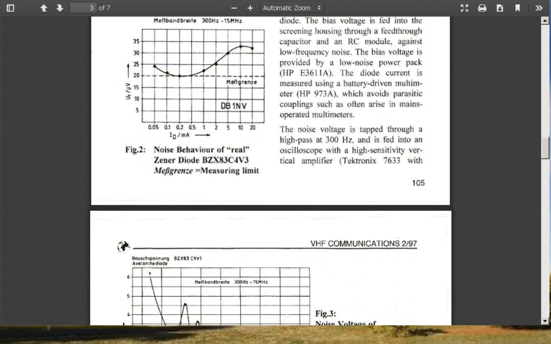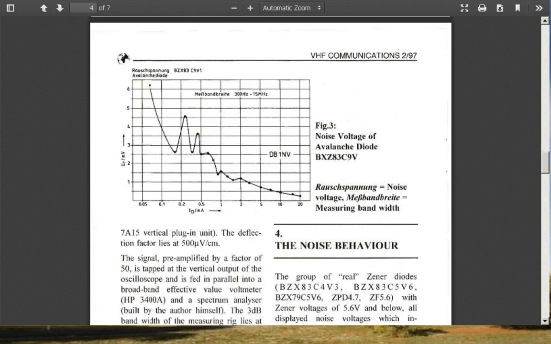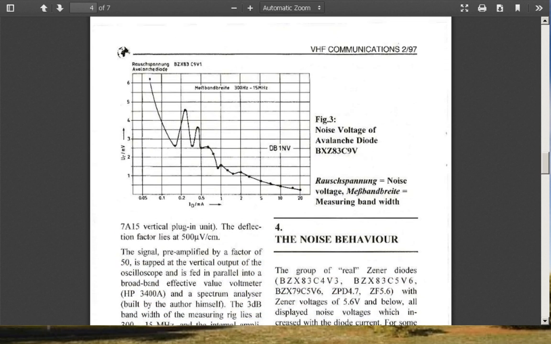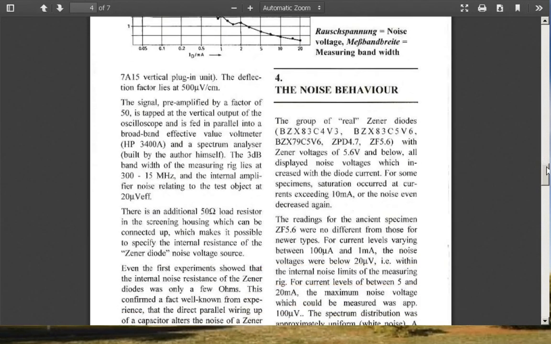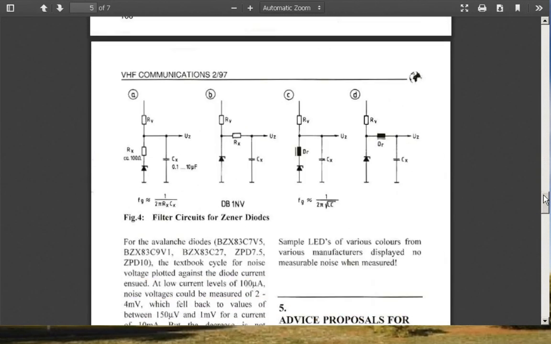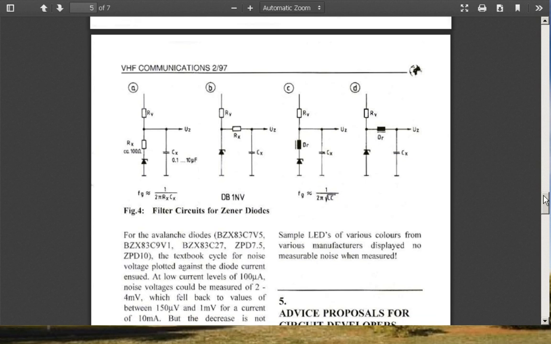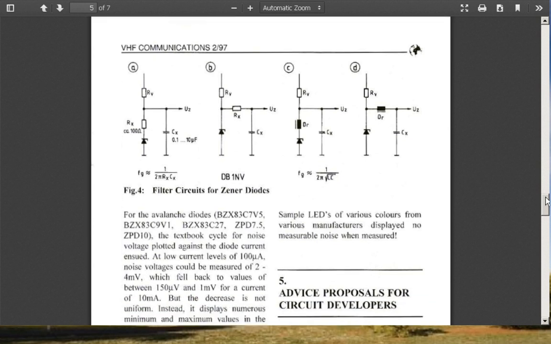Zener diode noise is less than 50 microvolts, 300 Hz to 15 megahertz. Noise voltage of an avalanche diode. Filter circuits.